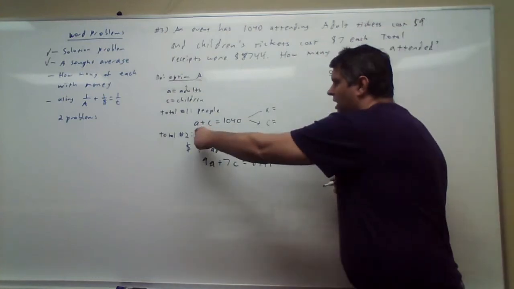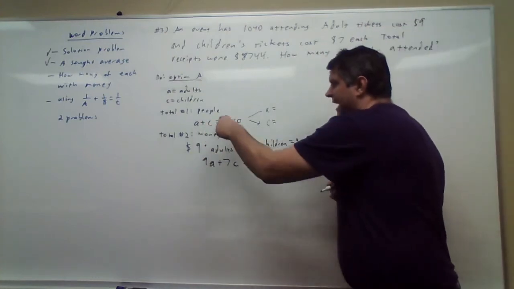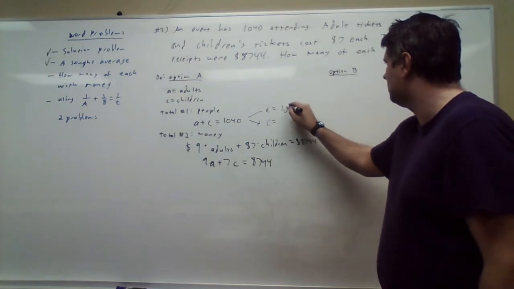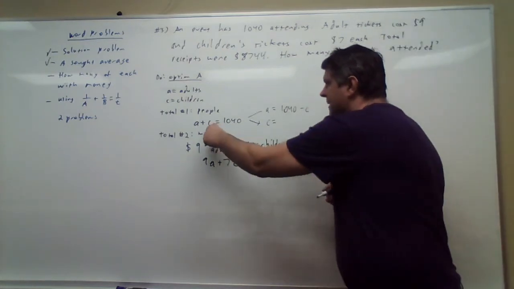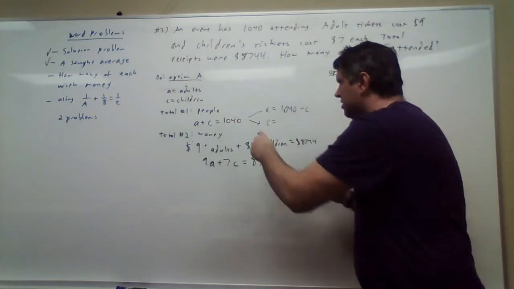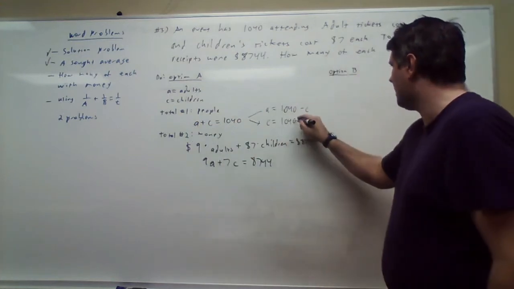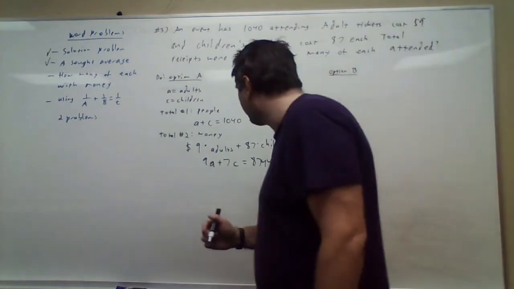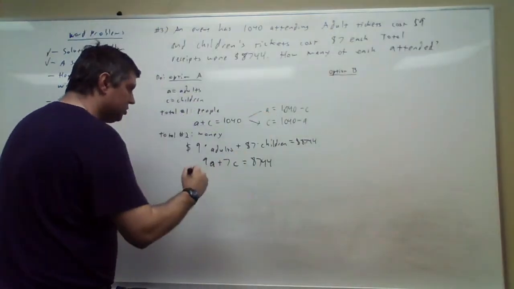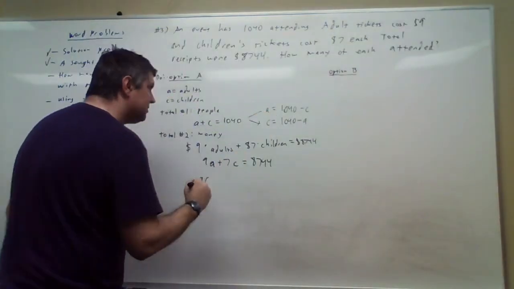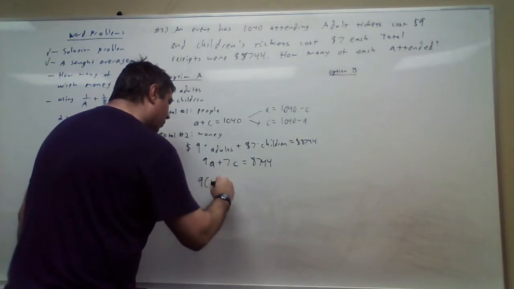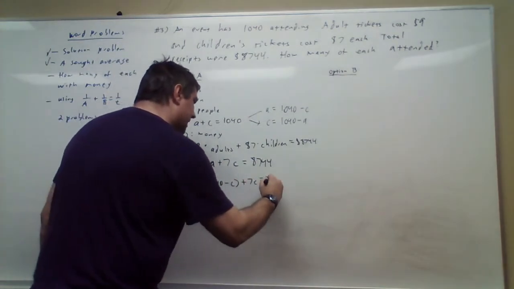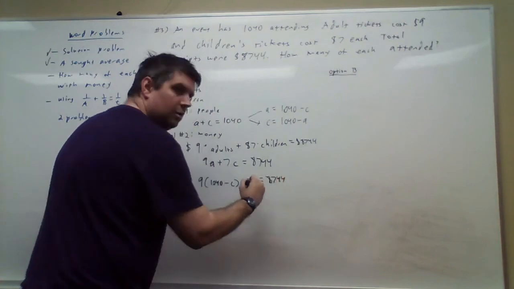If I want adults, I'll be subtracting C from both sides, so 1,040 minus C. If I want C by its own, I'd subtract A from both sides, 1,040 minus A. It doesn't matter which one you plug in. Okay? For option A, I'll just do this one. So that'd be 9 times 1,040 minus C plus 7C equals 8744.